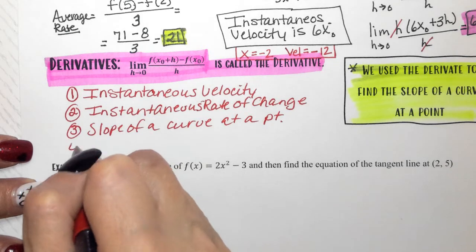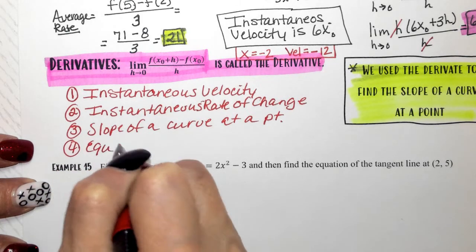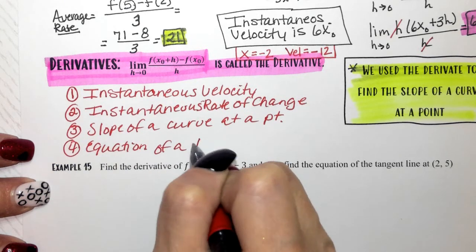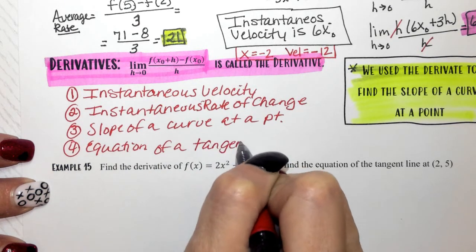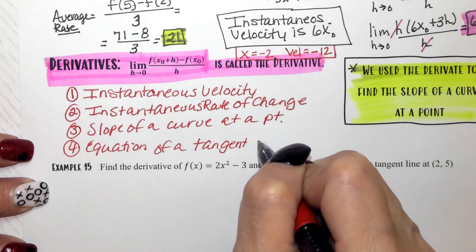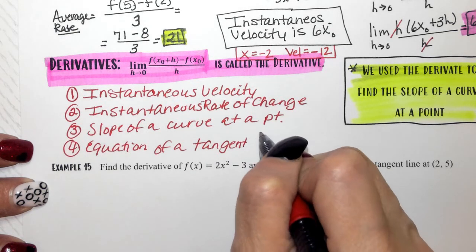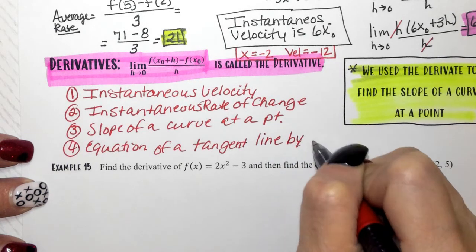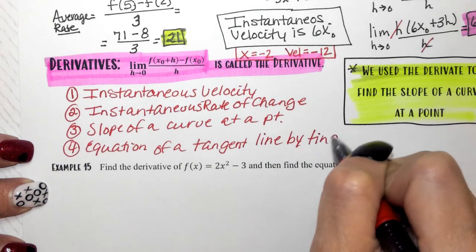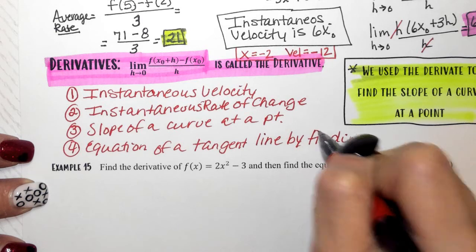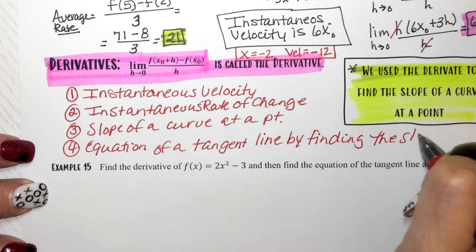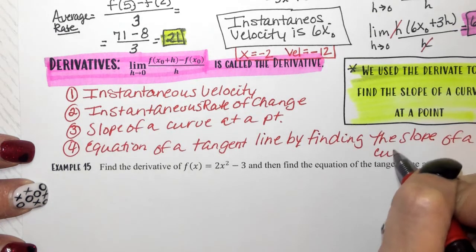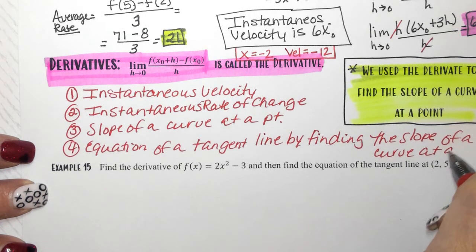When I said find the equation of a tangent, here we go: find the equation of a tangent line by finding the slope of a curve at a point.